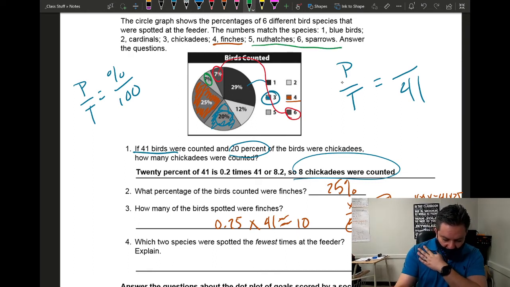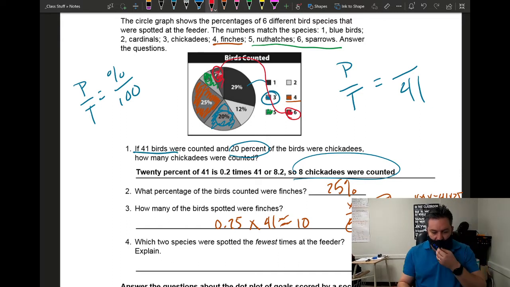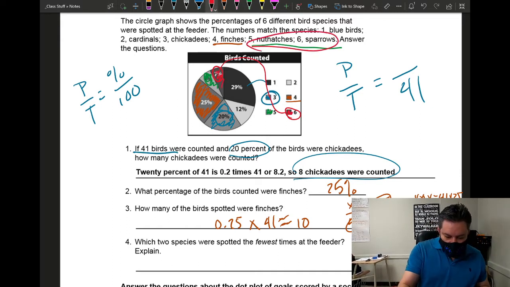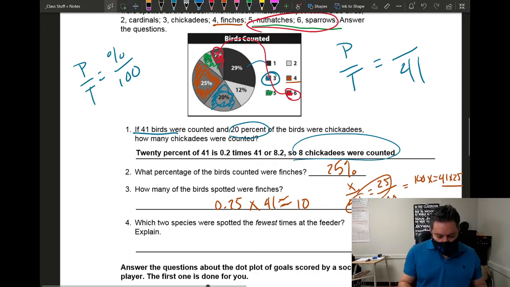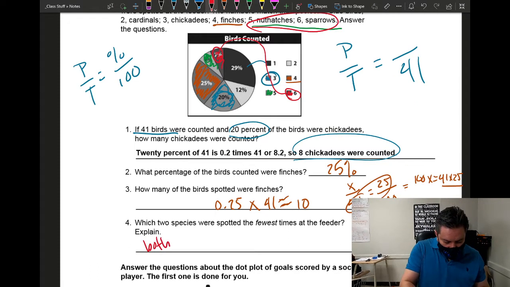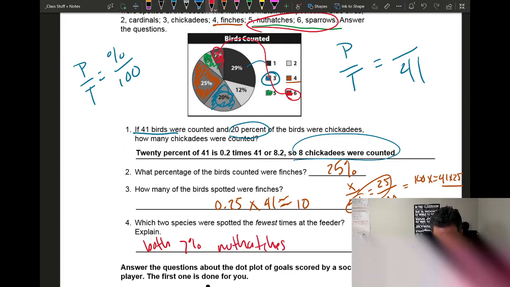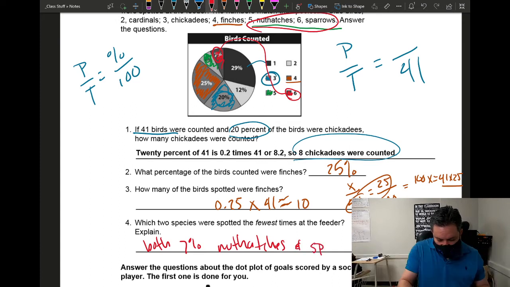So this 7 is gonna be this one right there, and this red one is going to be right here. So these 2 right there, both 7%, which are the and spirals.